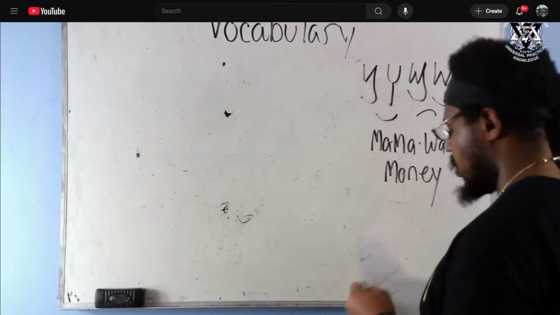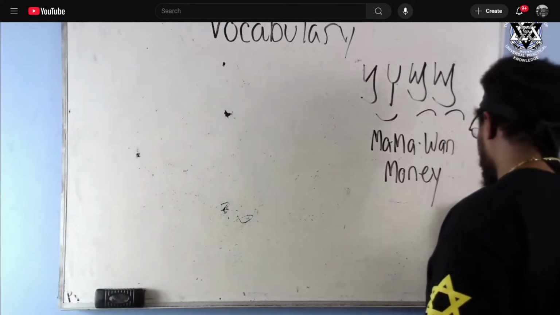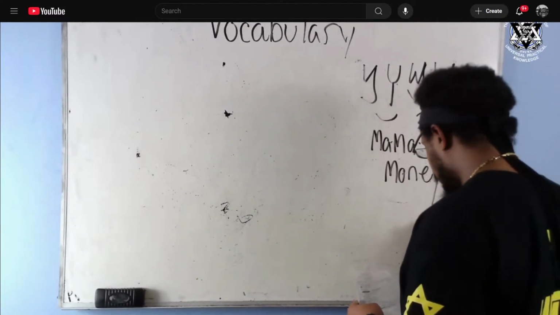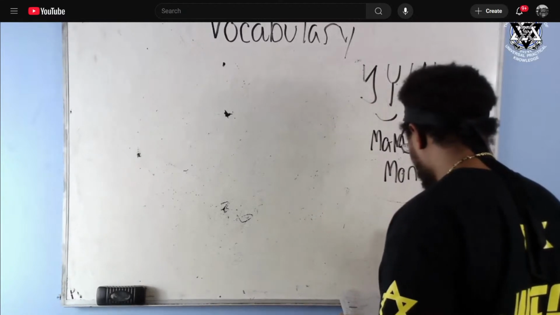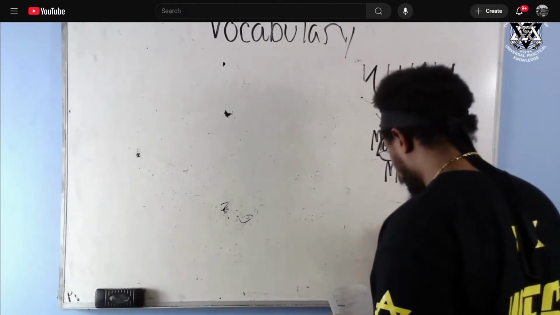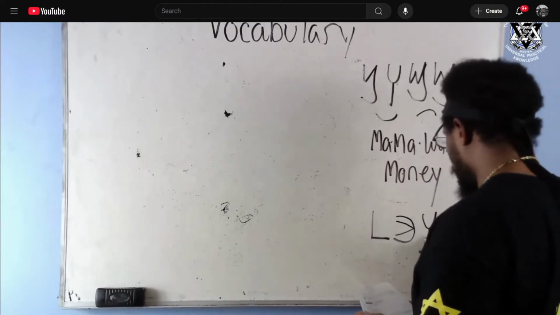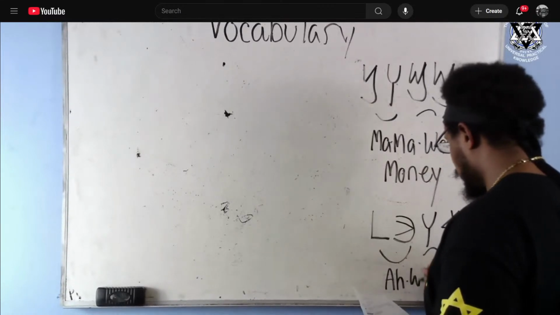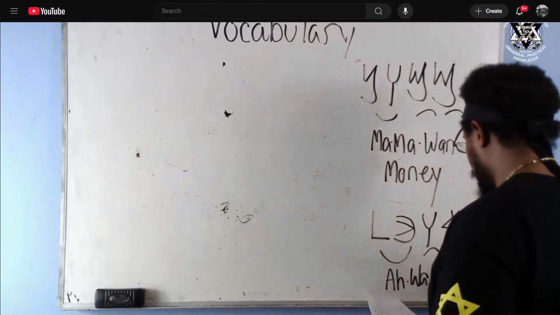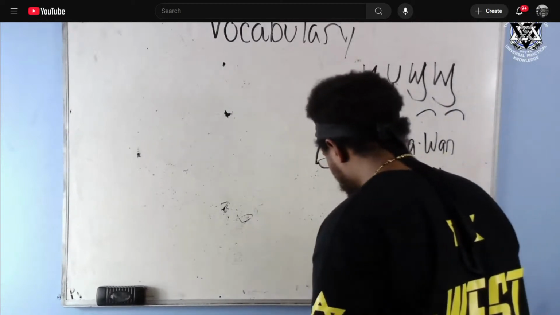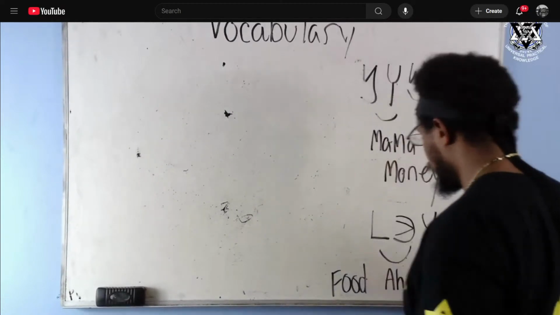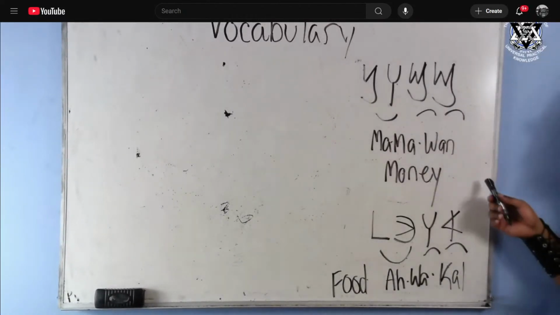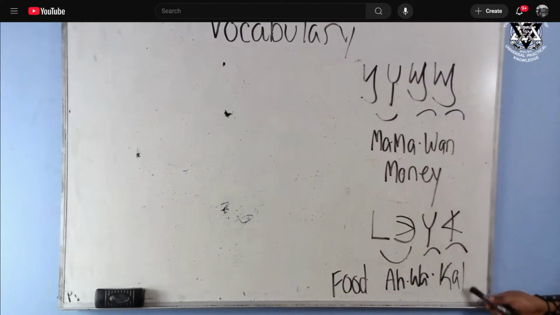We got Akhal. It means food. Mamon means money. Akhal means food.